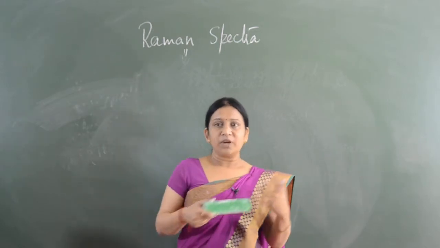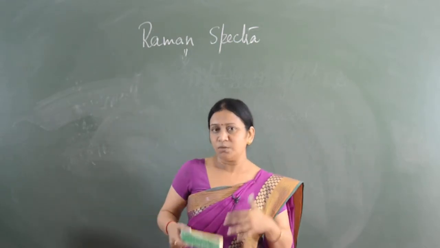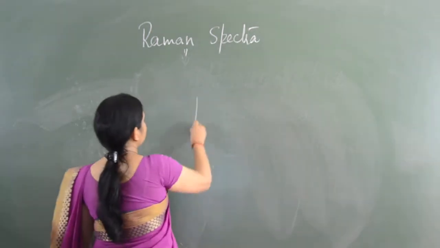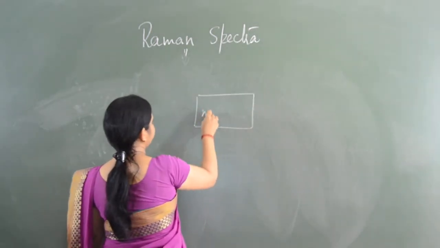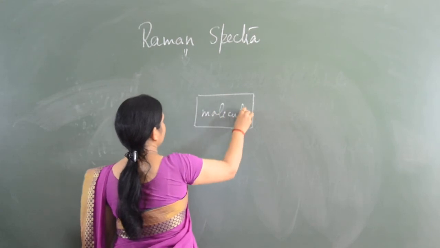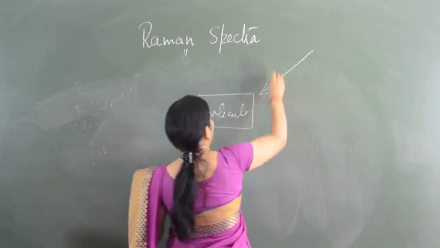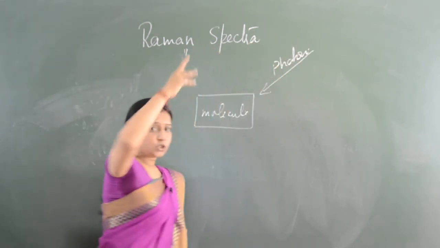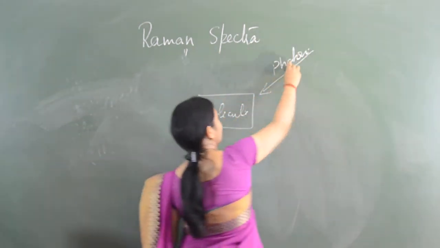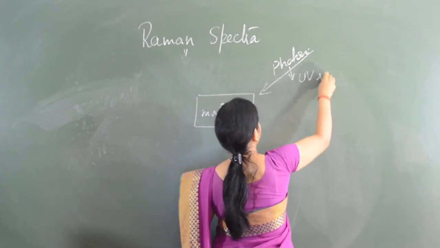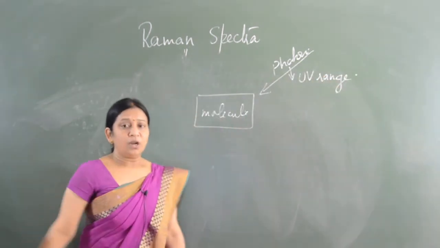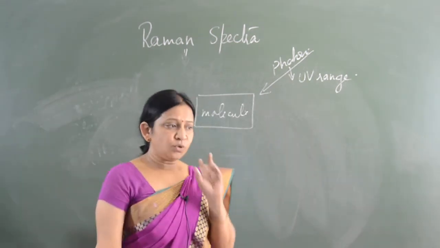So we will talk about when a photon falls on a molecule, though we can use radiation as well. Now suppose this is a molecule and a photon falls on it, or radiation, and this photon belongs to the UV range. When the photon is falling on the molecule, we can have two conditions.